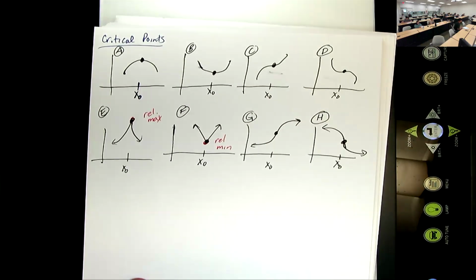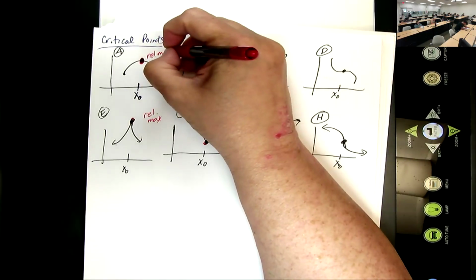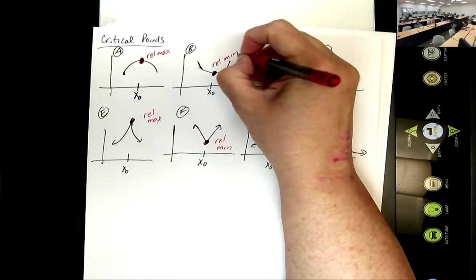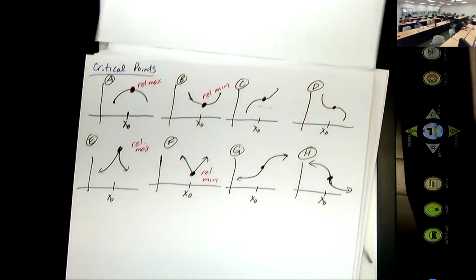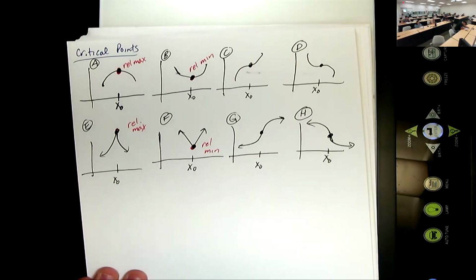A and B. Yeah, we were comparing this, the last thing we talked about was how does this track with the derivative? So let's look at the derivative around each of these points.